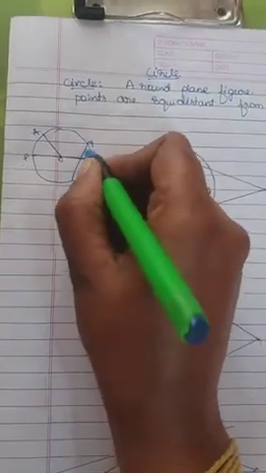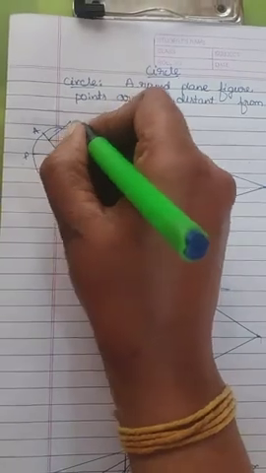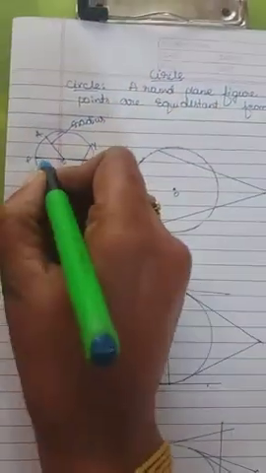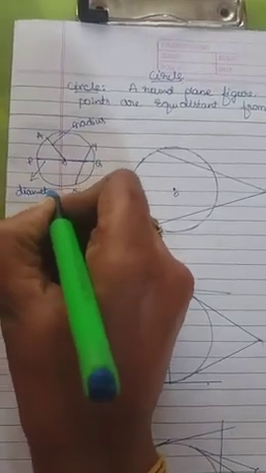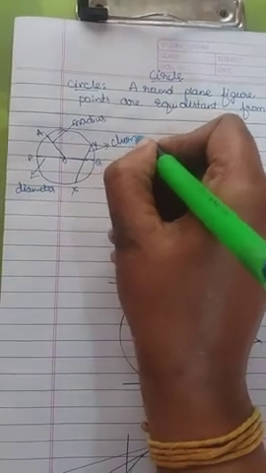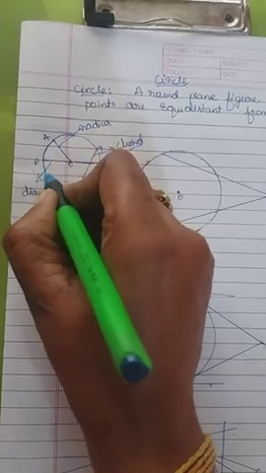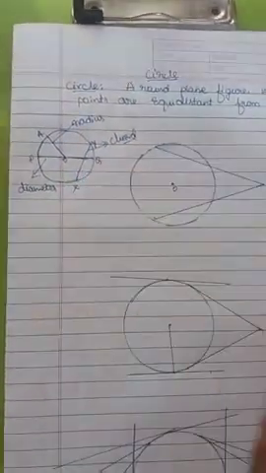This line is not passing through the center. This is called the radius, you know that, but I am just recalling. This is called the diameter, and this is called a chord. And this is called the circumference. So these are the basic points.